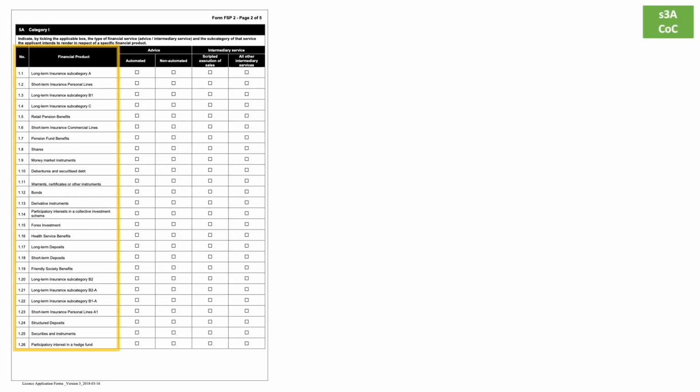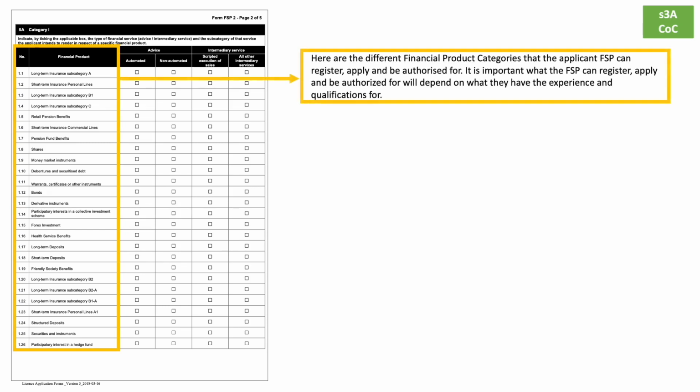Here we see Category 1 that is split into different financial products, also known as subcategories. Here are different types of financial products and subcategories that an applicant FSP can register, apply, and be authorized for. What an applicant FSP can register, apply, and be authorized for will depend on whether they have the experience and qualifications for that category, subcategories, and products.